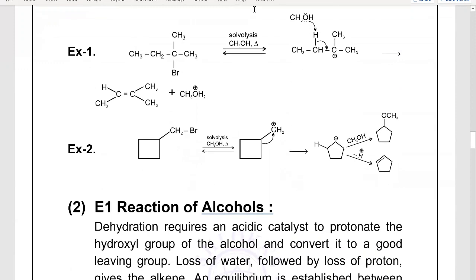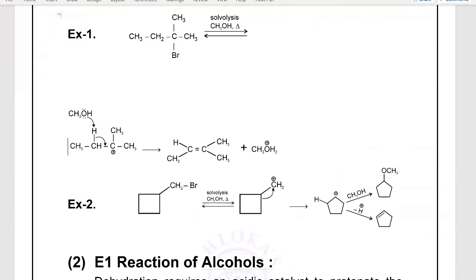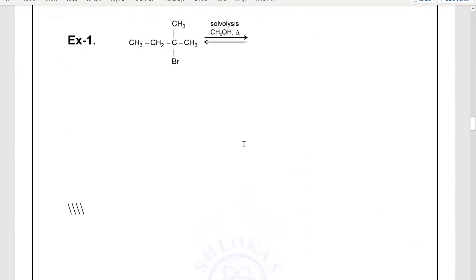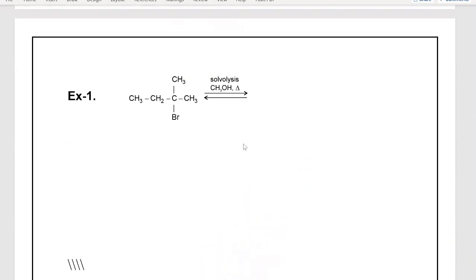So let me explain this example, a complete mechanism I will explain. Just listen to me, all of you. So I am taking this alkyl halide. Right. First step, what will happen? Br minus will leave. This is a leaving group.